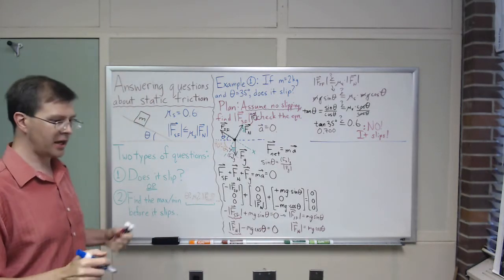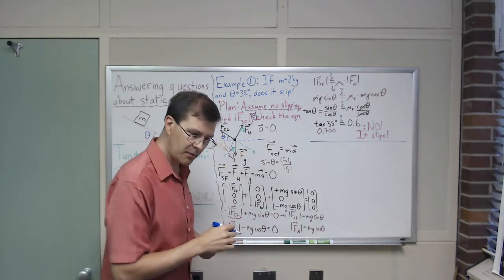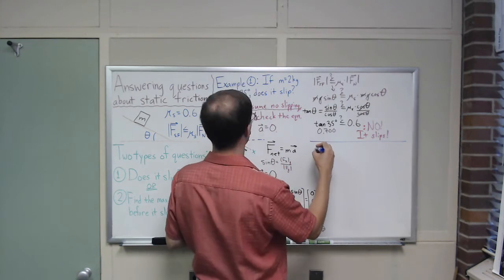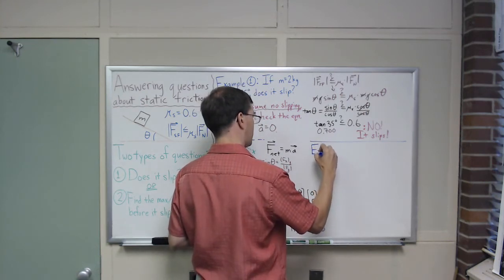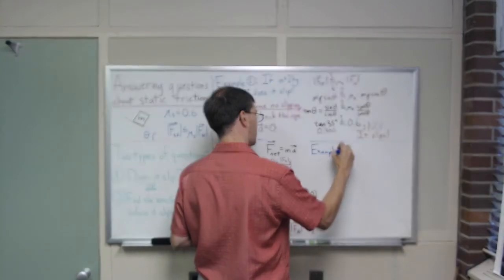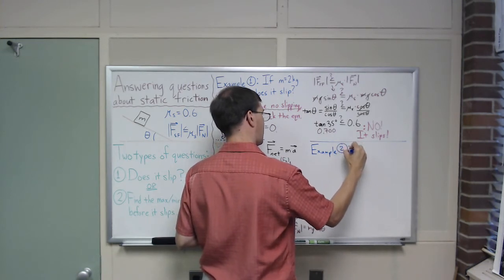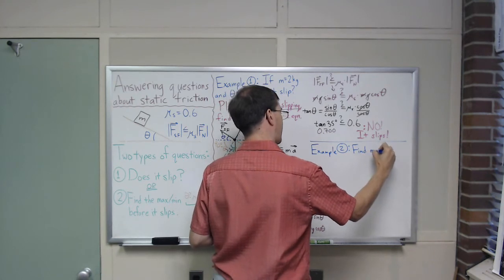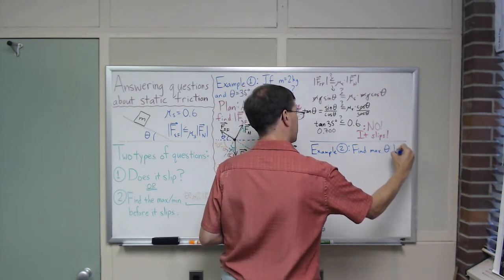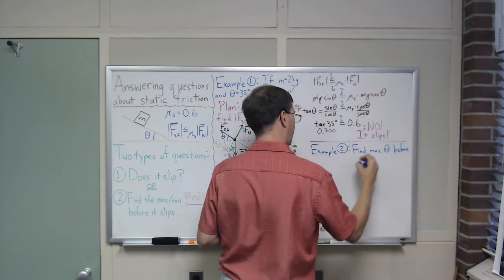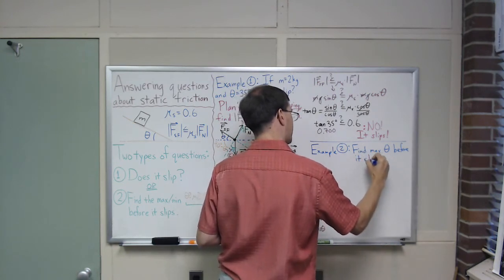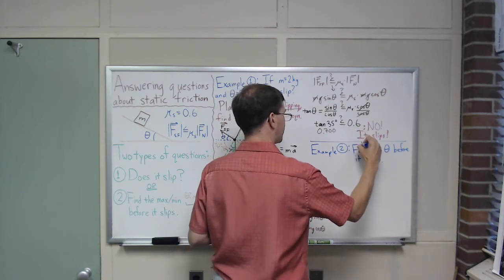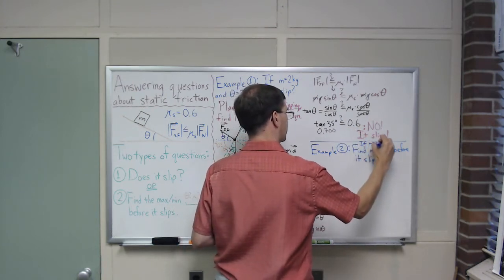In this case, I'll say, okay, if it's slipping there, let me ask then, so example 2, find the maximum theta before it slips. And again, I could have said if m equals 2 kilograms.